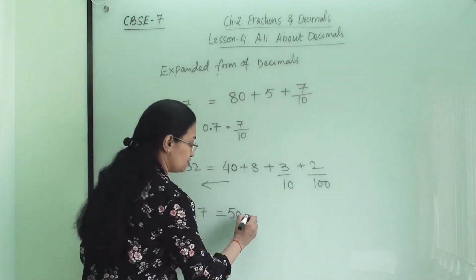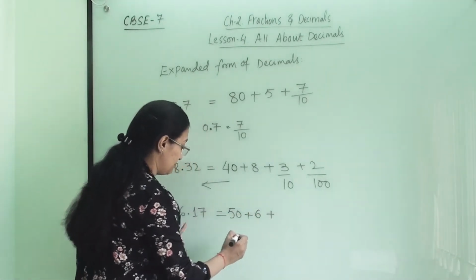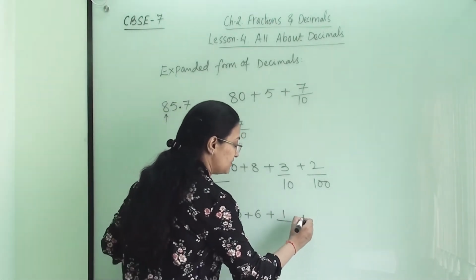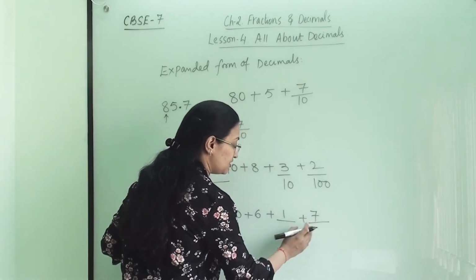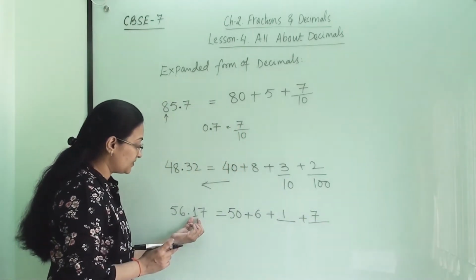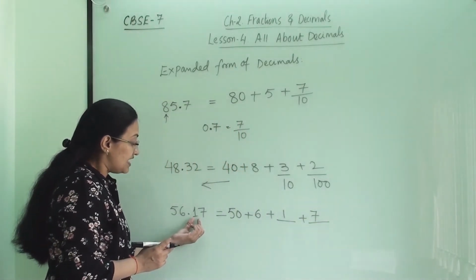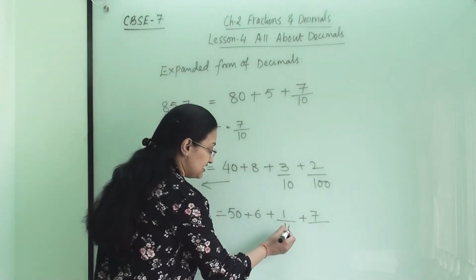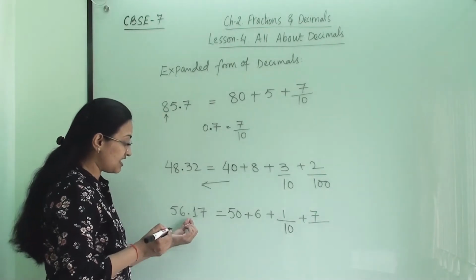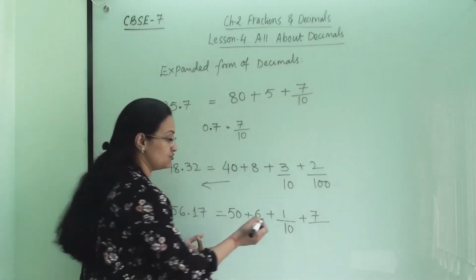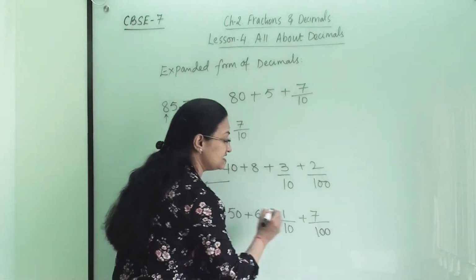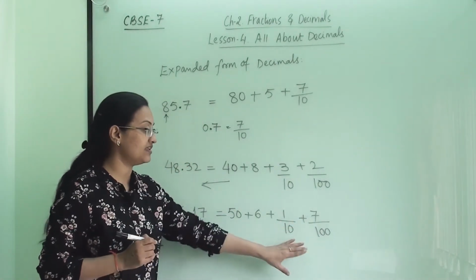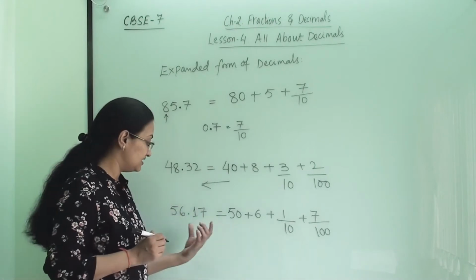Then 6, which will be alone, and then we will write the numbers after the decimal. 1 will get something in its denominator and 7 will get something in its denominator. 1 is the first number after the decimal point, so we will write 10. 7 is the second number after the decimal, so we will write 100 in its denominator. So that is the expanded form of this number.